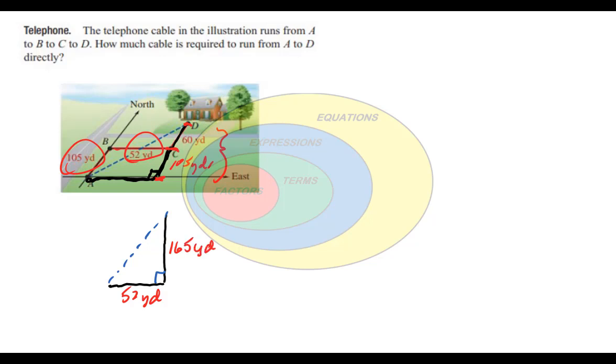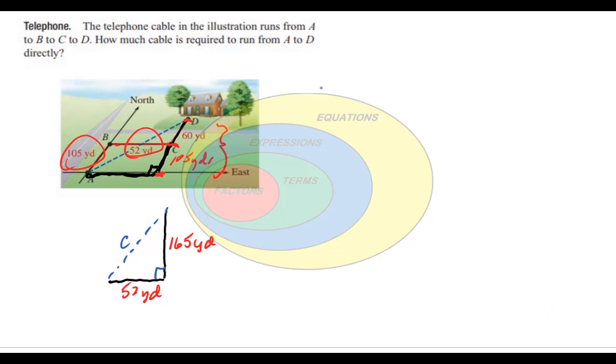I want to find the hypotenuse, C. Using the Pythagorean theorem, I know that the hypotenuse squared, C squared, is equal to the sum of the squares of the legs.